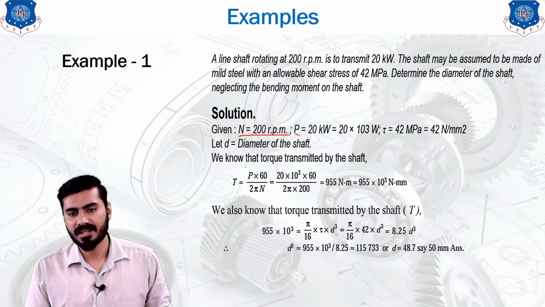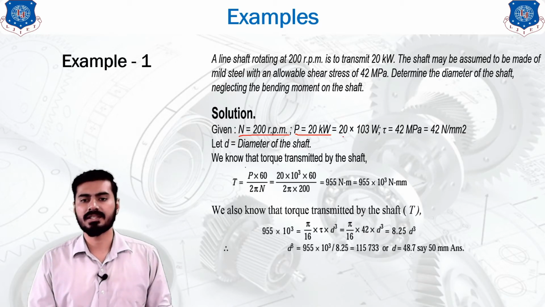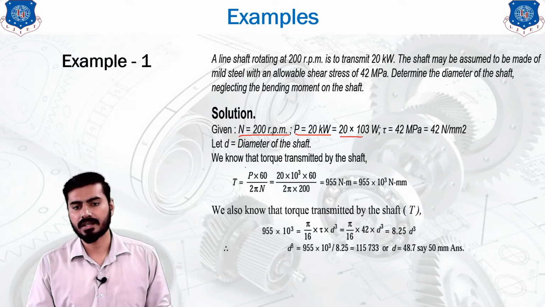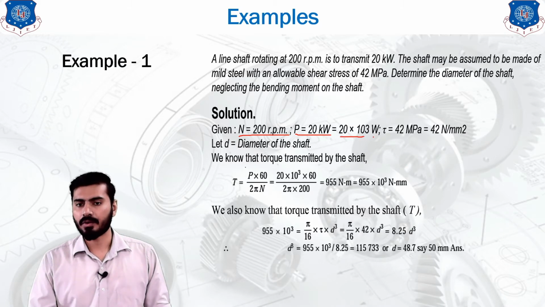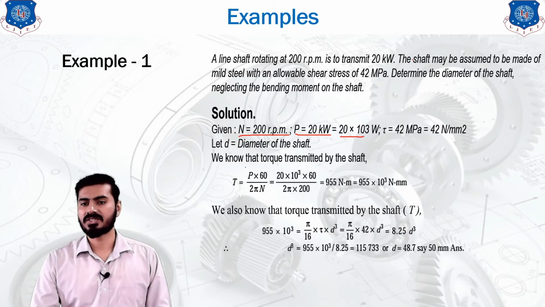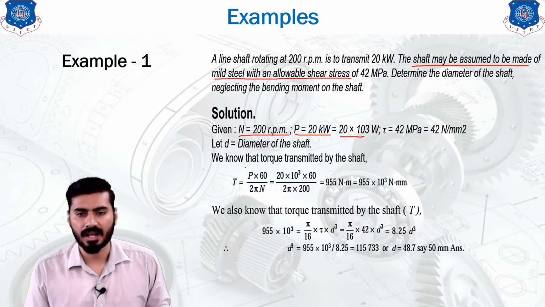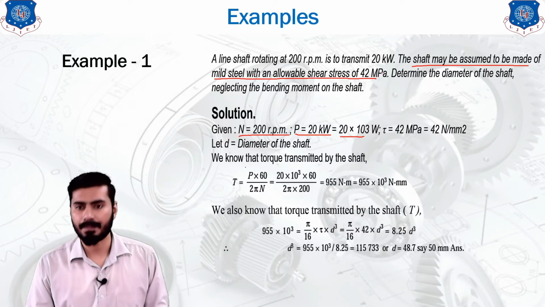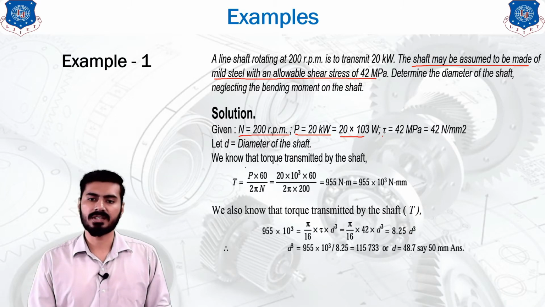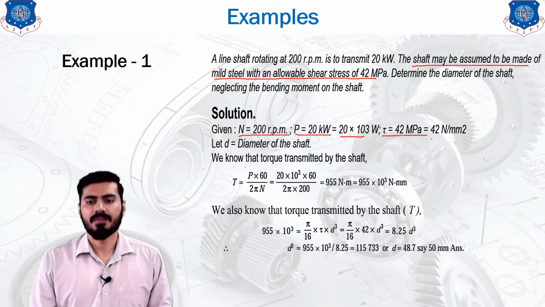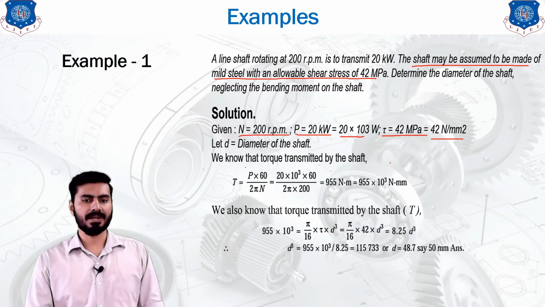Power to be transmitted is given as 20 kilowatt, which is nothing but 20 into 10 raised to 3 watt. We have converted it into watt. The shaft may be assumed to be made of mild steel with an allowable shear stress of 42 megapascal, which is nothing but 42 Newton per mm square.